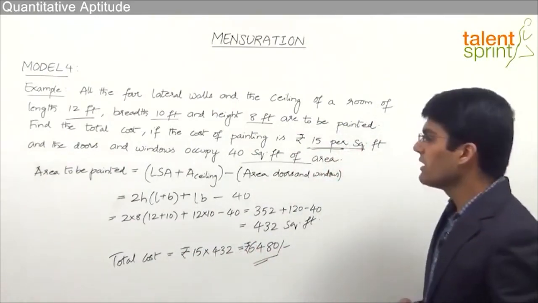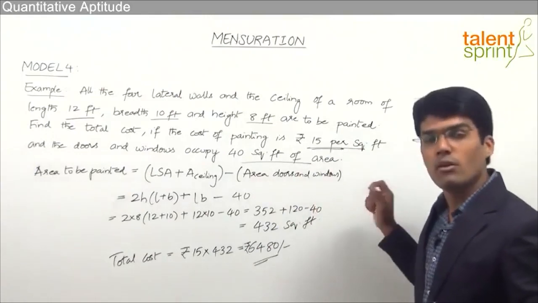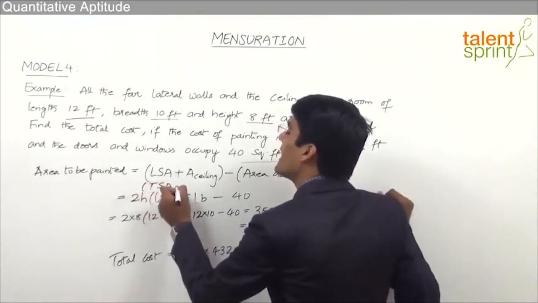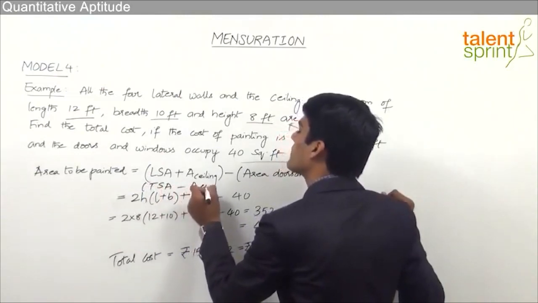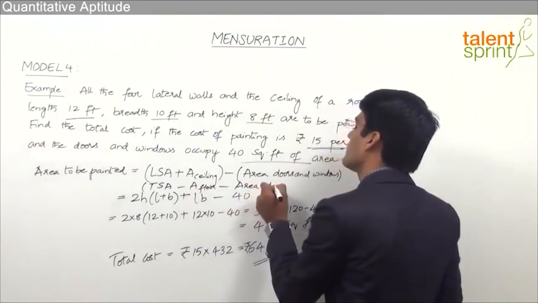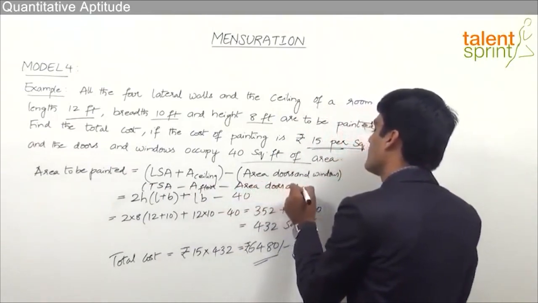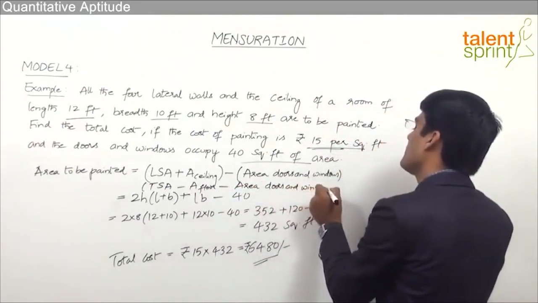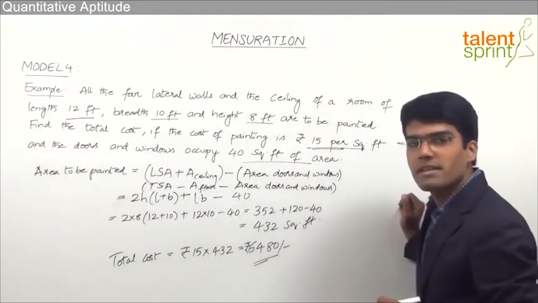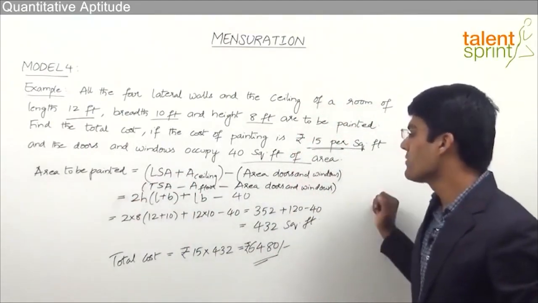And as I have mentioned earlier, the area to be painted can also be taken as the total surface area minus the area of the floor minus the area of doors and windows. So either we can find out the total area to be painted by taking it as lateral surface area plus area of ceiling minus area of doors and windows.